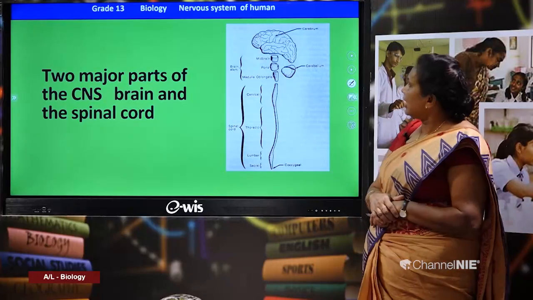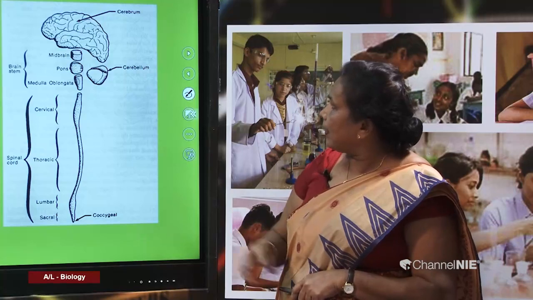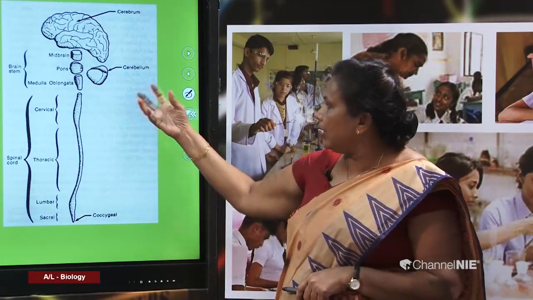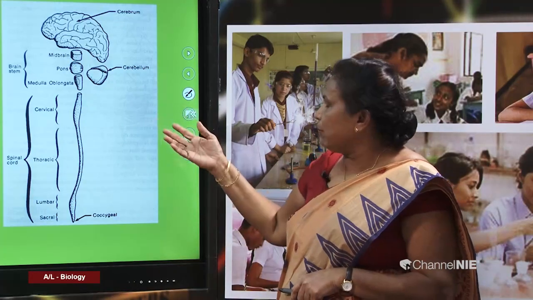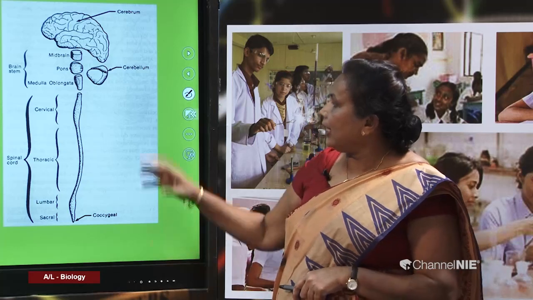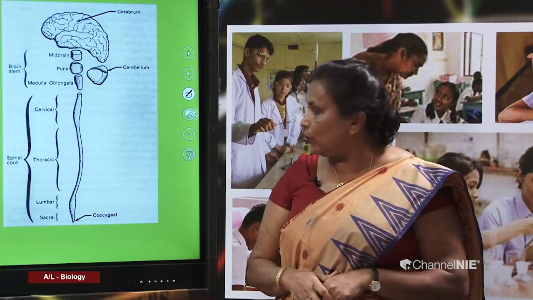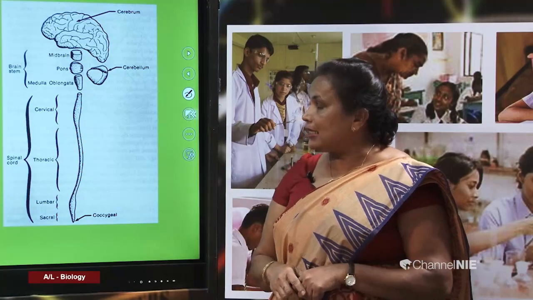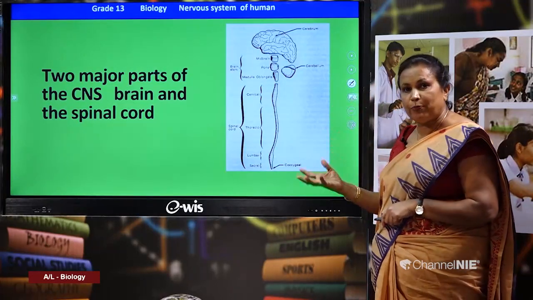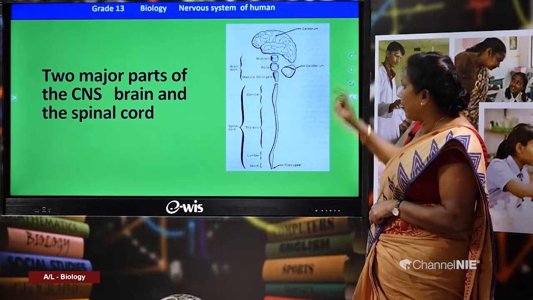Now here you can see the different parts of the brain: cerebrum, midbrain, pons, medulla oblongata, cerebellum. These are the regions related to the brain. Okay? The next region is called the spinal cord. In an earlier lesson I taught you how these regions develop from the embryonic brain.